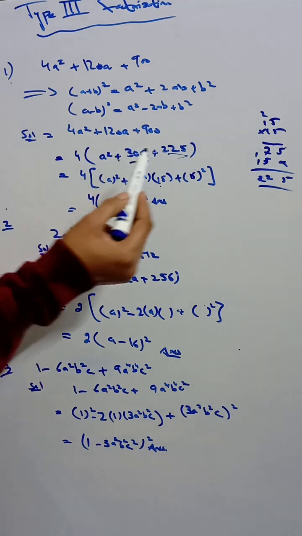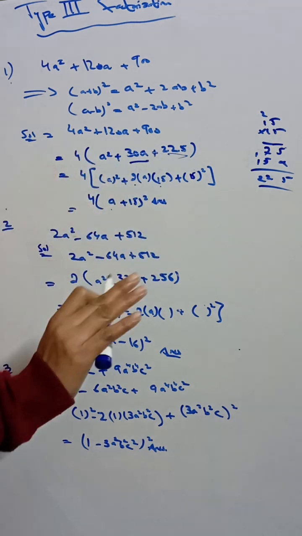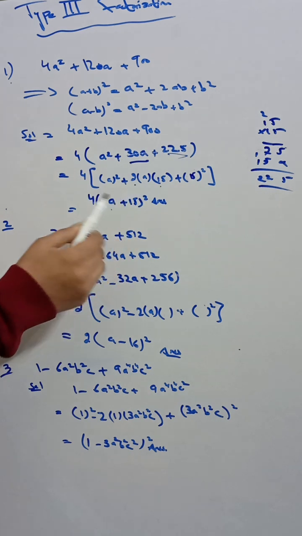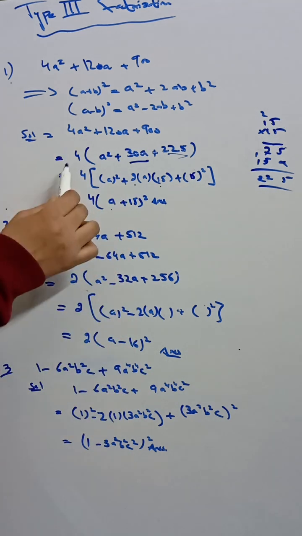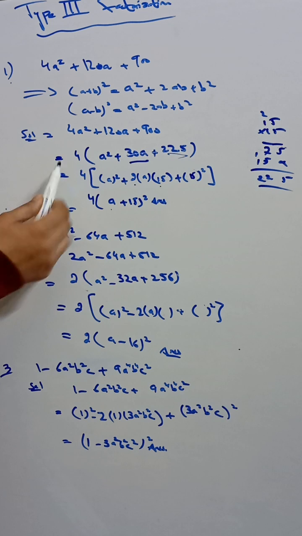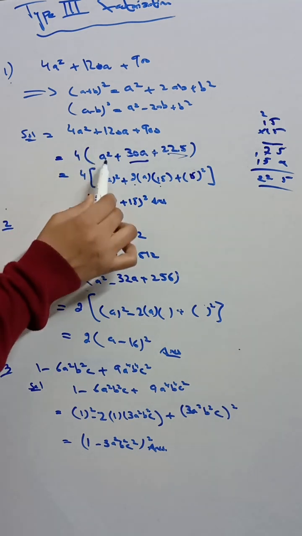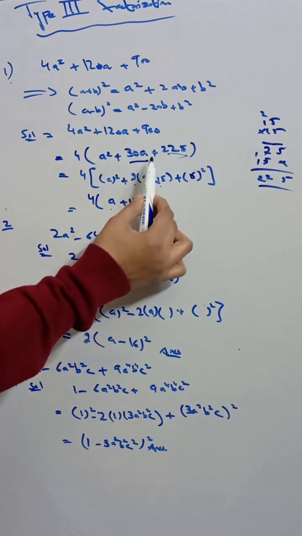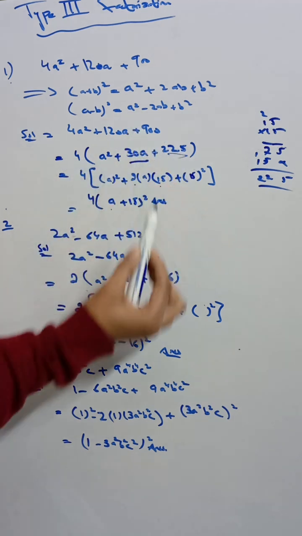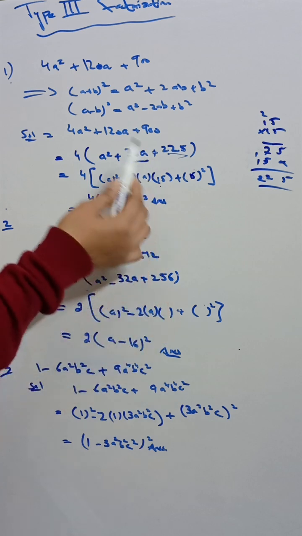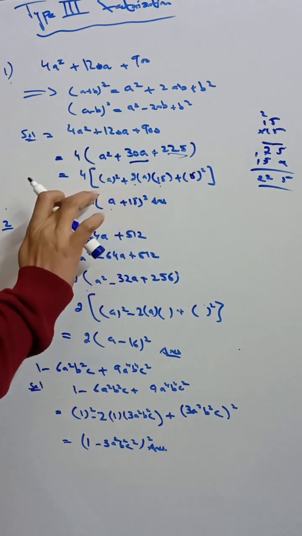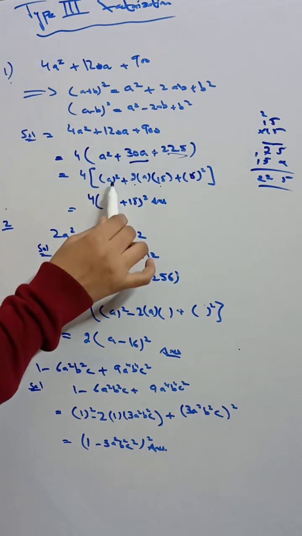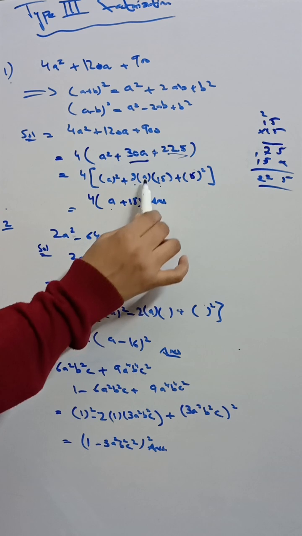I repeat. First of all, if there is a need of taking common, then we take common. If there is no need, we will not take common. Here we can easily take 4 as a common. So A square plus 4 30s are 120A, plus 4 225s are 900. Now I can easily make it into the formula: A whole square plus 2 of the formula A. And what is B?